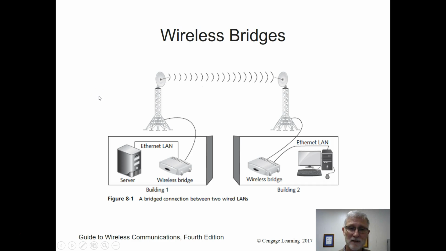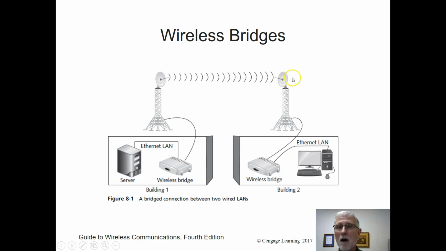So here's an example of a wireless bridge. I've got two buildings that are geographically separated. I've got a wireless network in building 1, with a physical connection to a wire, but I can't get to building 2 very easily.